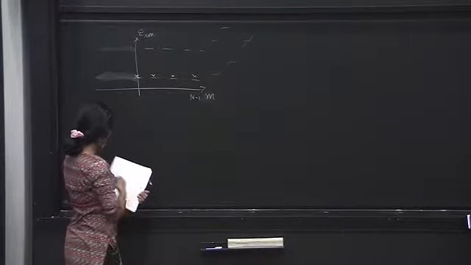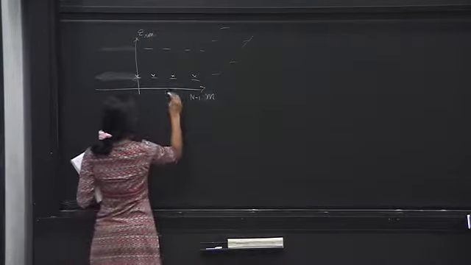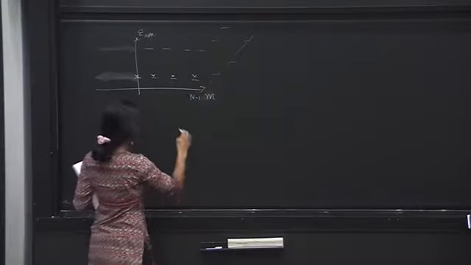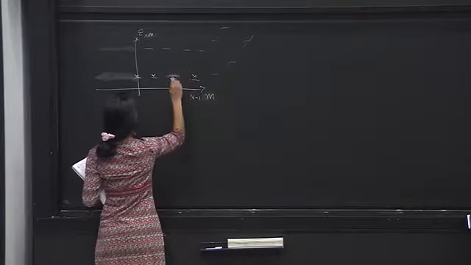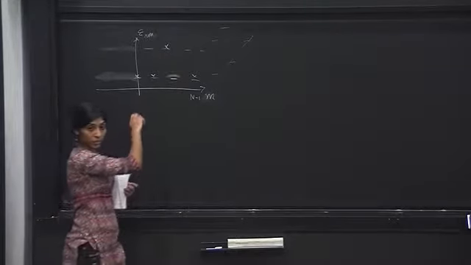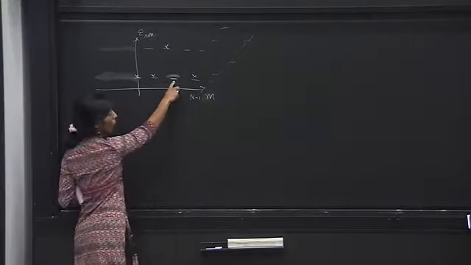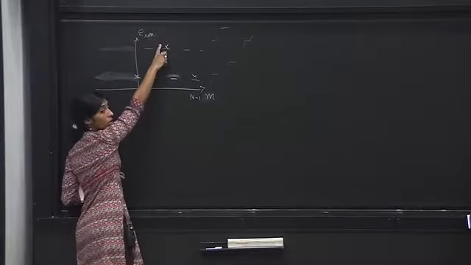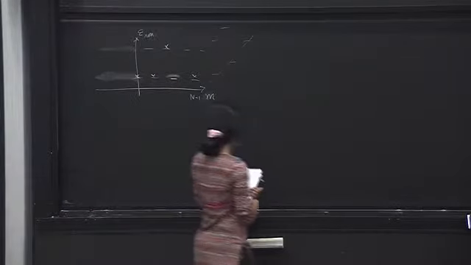Okay, and now an excitation from this state, which is one I wrote down there, involves taking away an electron from here and promoting it to the next Landau level, right? So this is a hole in the lowest Landau level and a particle in the higher Landau level.